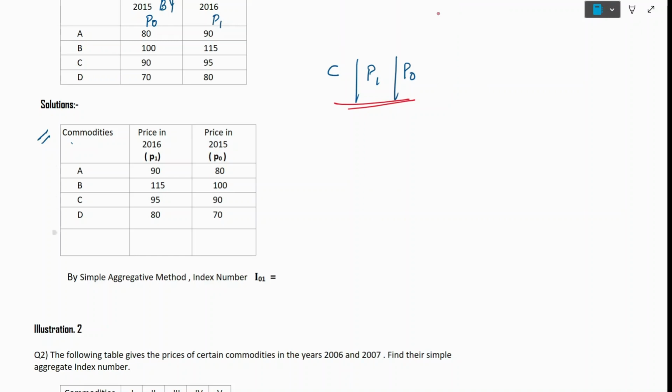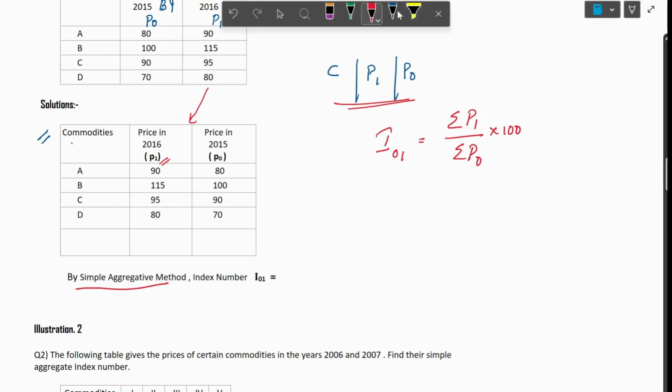Now see here, I have written C, commodity. P1. What is P1? Copy properly the values 90, 115, 95 and 80. P1 I have written first, then it is P0. Okay. Now, how do you complete this one? Now we can use the formula. The formula says I01, that is the index number, by the simple aggregative method. What's the formula? That is summation of P1 divided by summation of P0 into 100.